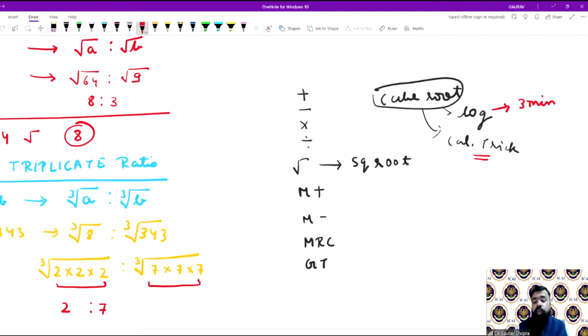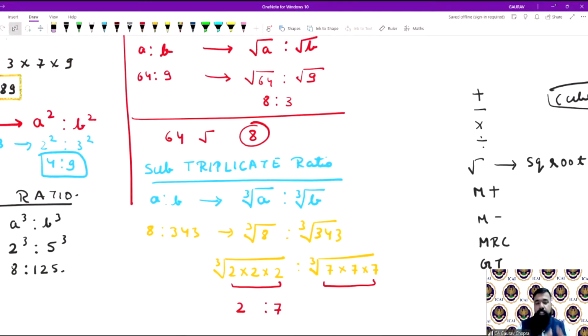But if you use the calculator trick, you can find the cube root in 30 seconds. There is one simple trick we will be discussing in today's session only, after some time. But at present, we are completing this portion. After that, we will take a break. And then after the break, we will be discussing the trick for calculation of cube root. Okay.